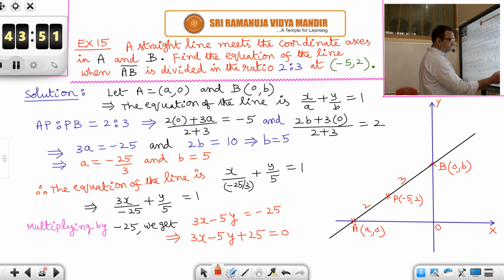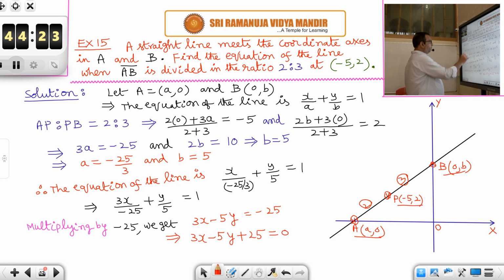See, the line is intersecting the coordinate axes at A and B. This line segment is divided by the point P in the ratio 2:3. P is minus 5 comma 2. That means P is a point on the line. So let us take A as A comma 0, B as 0 comma B. Using the section formula you can find the values of A and B, because the ratio is given, 2:3, and the point is known.